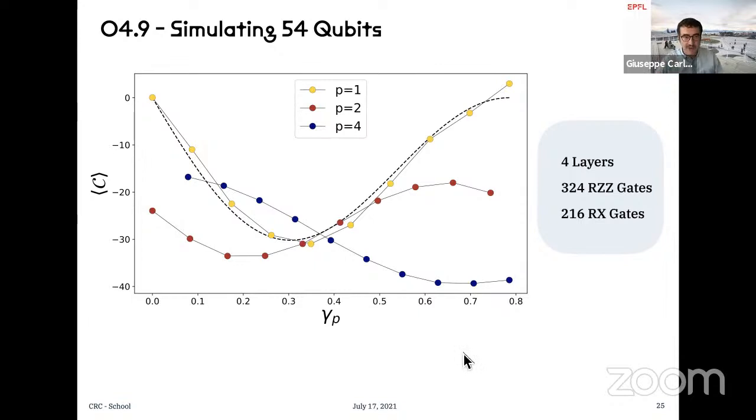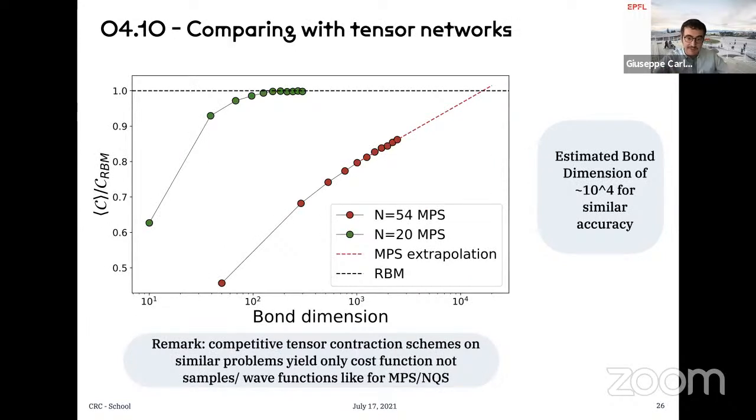And at this point, there is not much we can compare to in terms of wave functions, because essentially there aren't techniques that allow you to get the wave function of this circuit with the same precision as the neural network quantum state, as far as we know.